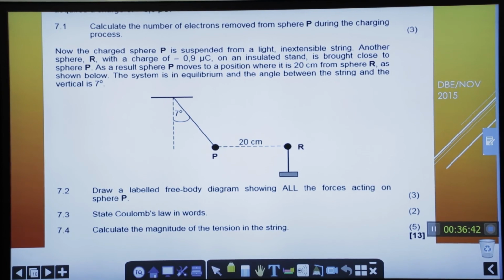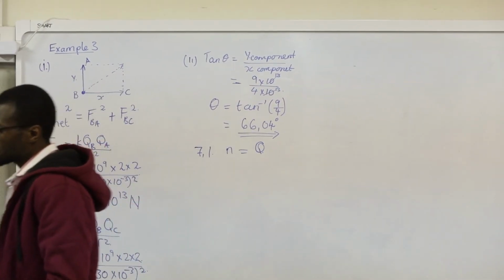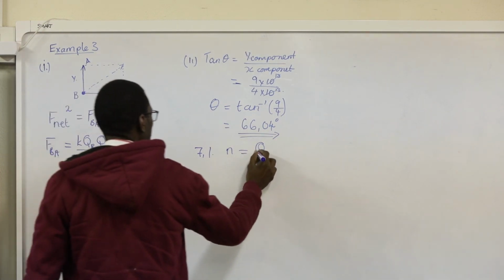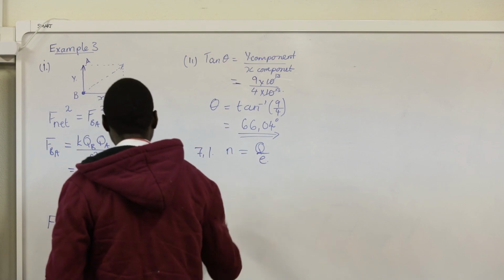all right, you know at the back of your question paper there is an equation that says n is equal to Q divided by e. Charge over the charge of an electron gives the number of electrons.